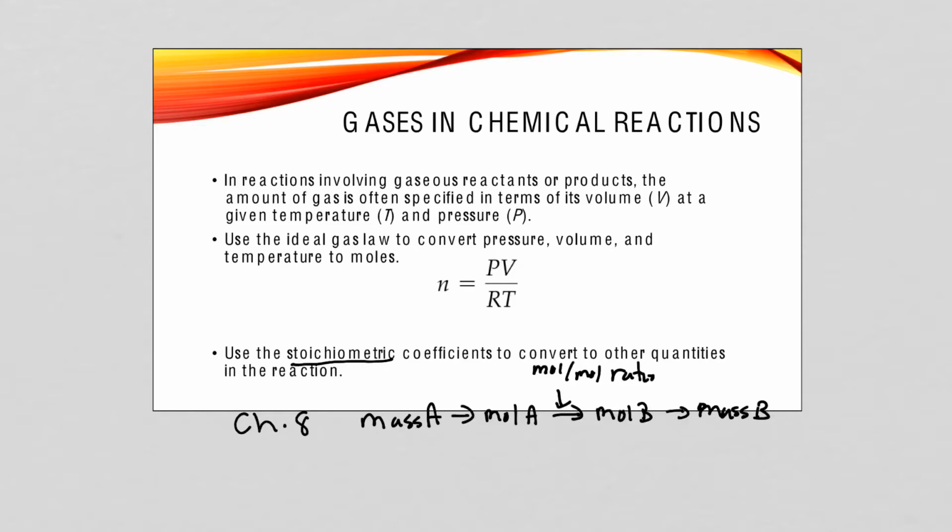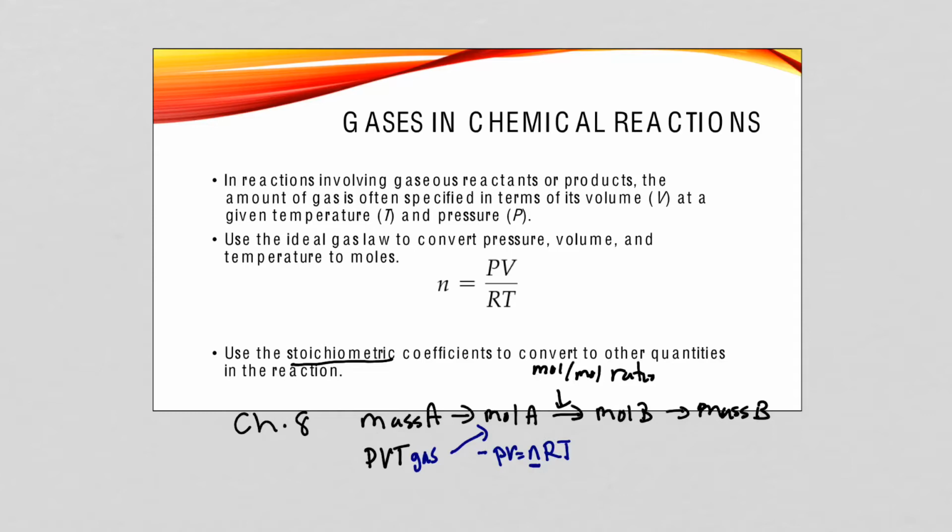We'll be given, for example, the pressure, the volume, and the temperature of a gas in our reaction, and we will then be able to convert that into moles using our ideal gas law, where we're going to solve for our moles. Then we can use our ratio in our equation, and go from the moles we find into whatever we're asked to.